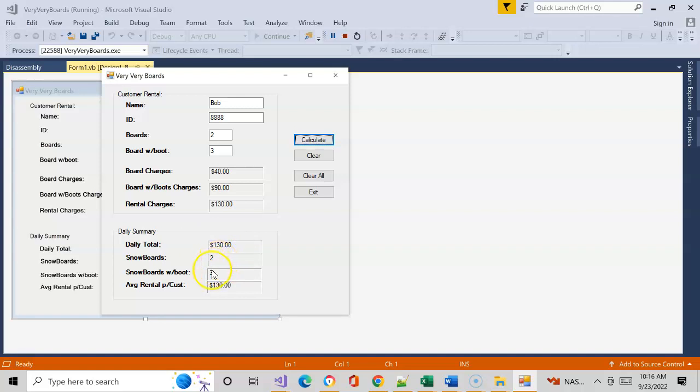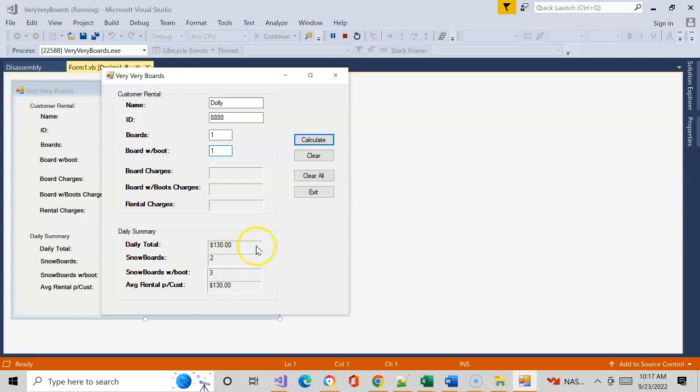And if I'm the very first customer of the day, the people at the shop would see that this is what they've accumulated so far: $130, two boards have been rented, and 2 boards with boots have been rented, and my average is $130 since I'm the only customer. So let's say I leave with my boards, and all of a sudden, I don't know, Dolly Parton walks in, okay, and Dolly wants one board and 1 board with boots, and they rent that whole thing to you.